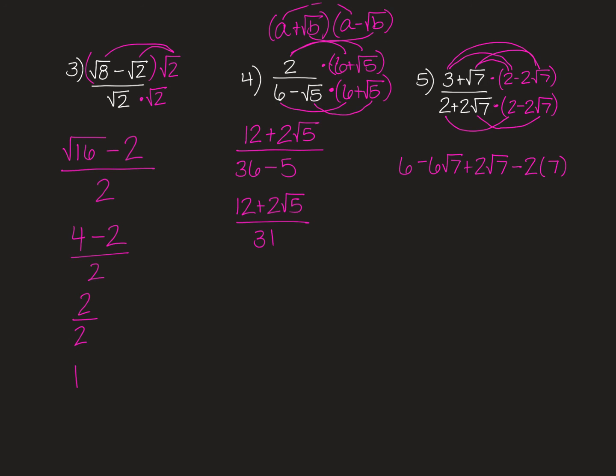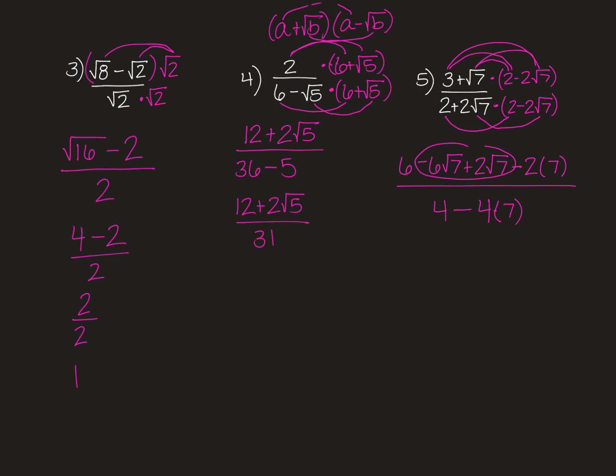Square root of 7 times the square root of 7 is 7. My denominator, again, multiply the first and the last. So 2 times 2 is 4, minus 2 square root of 7 times negative 2 square root of 7 is 4 times 7. So simplify this.